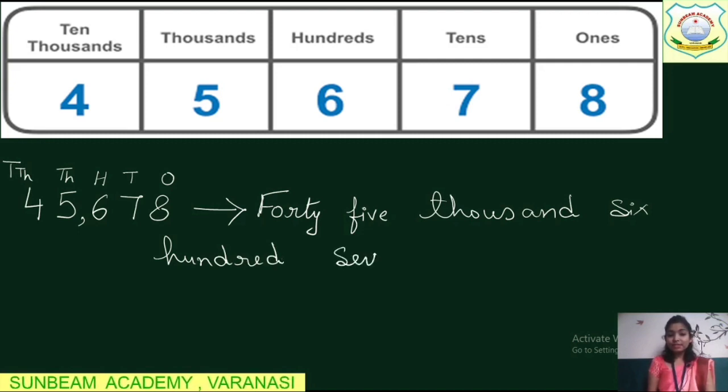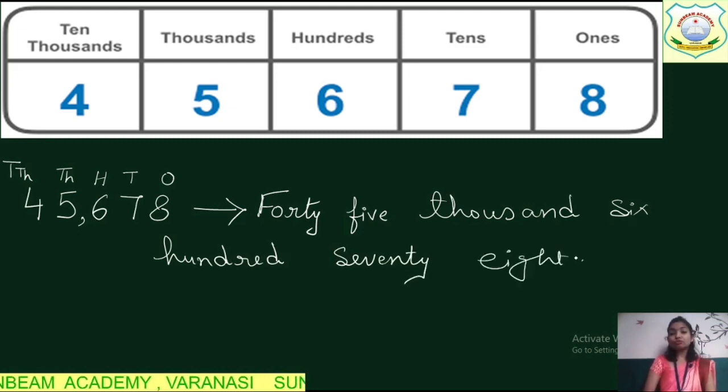We have 78, right? So this is the method to do write in words. If you write these short forms, ones, tens, 100, then it will be easier for you and you will not make mistakes. Alright, let's proceed with the classwork.